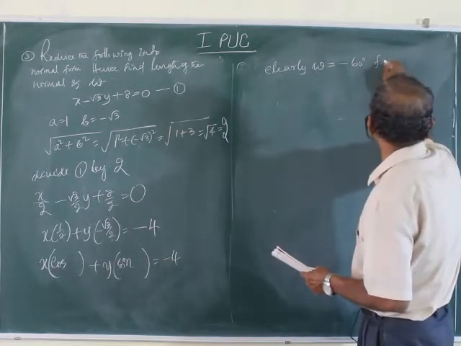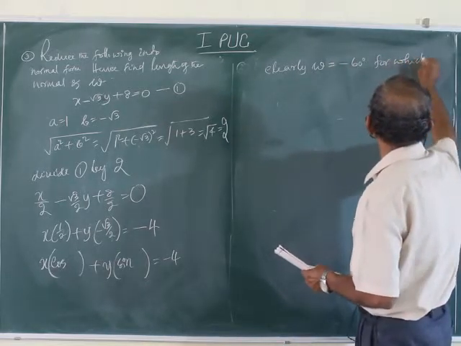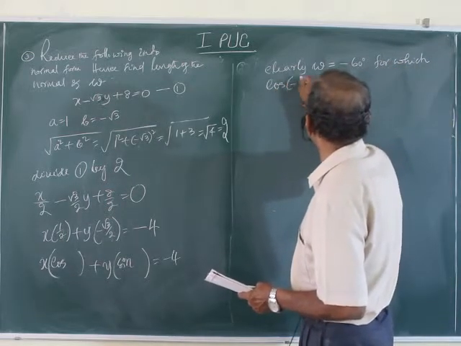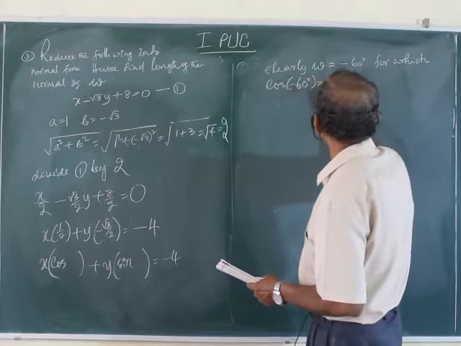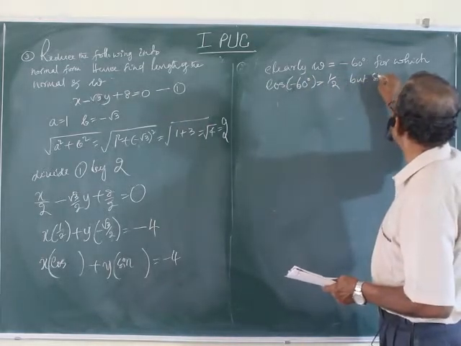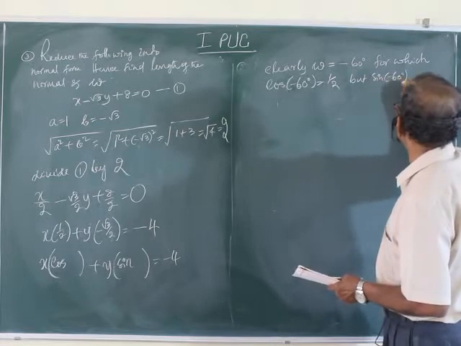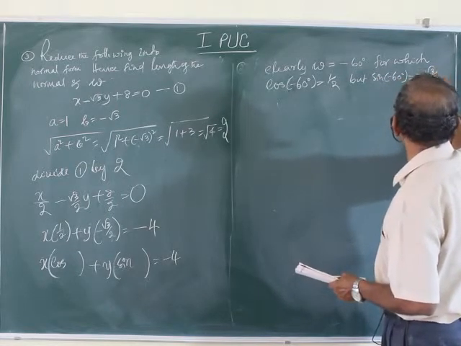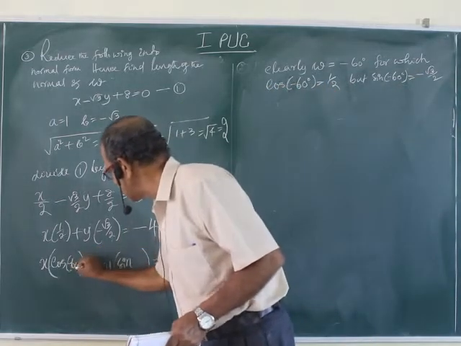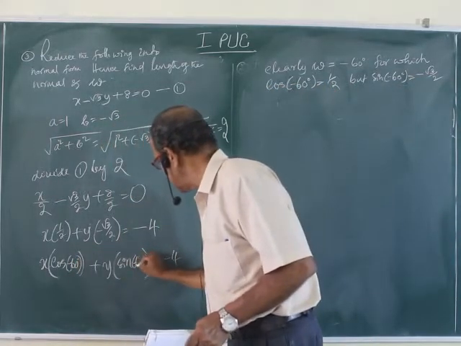Let me write all the details. For which, cos minus 60 is half itself, cos is positive. But sin minus 60 degree is minus root 3 by 2. Therefore, I can write here minus 60 degree.